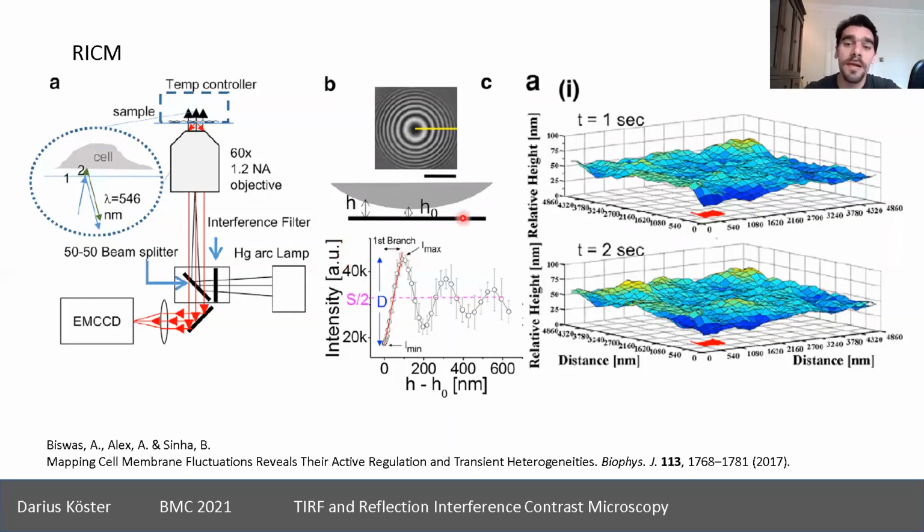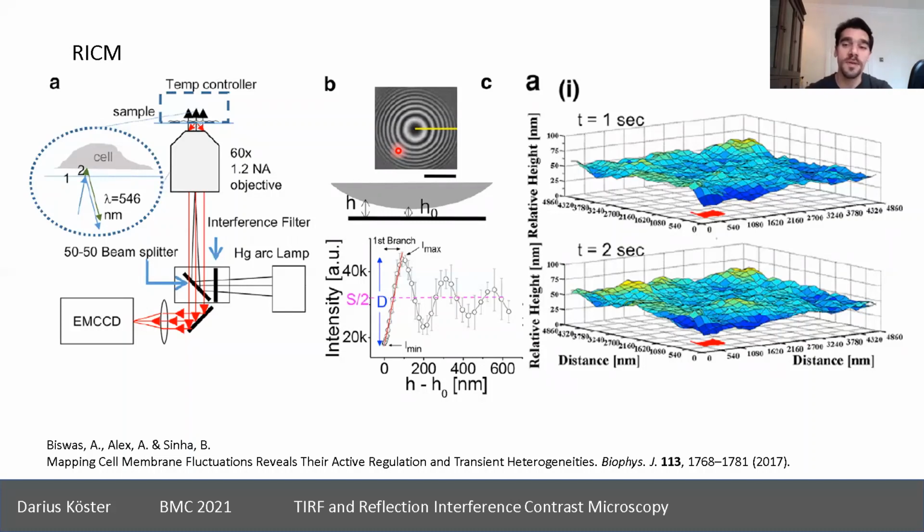And since it doesn't need any labeling, you can nearly blast in as much light as you want. The other nice thing is you can record your signal very fast, so you can record very short-scale fluctuations. If you think about membrane fluctuations, they happen at very fast scales.